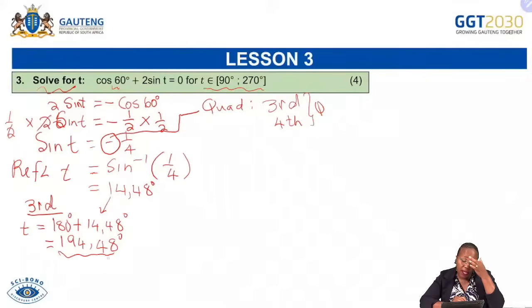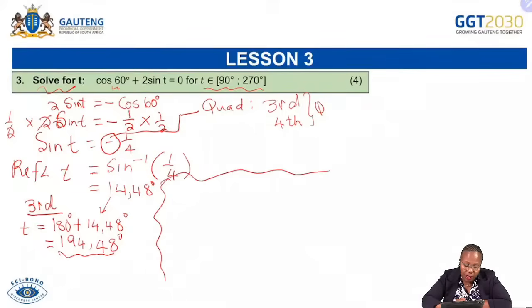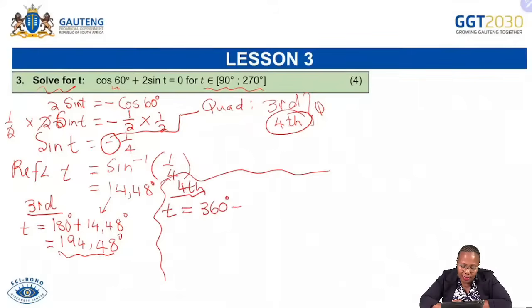Yes. And then now we will stop here, grade 12, because when we go to quadrant 4, let's see what will happen. When we go to the fourth quadrant, angle T is equal to the reduction in the fourth quadrant, 360 degrees minus the reference 14,48 degrees.